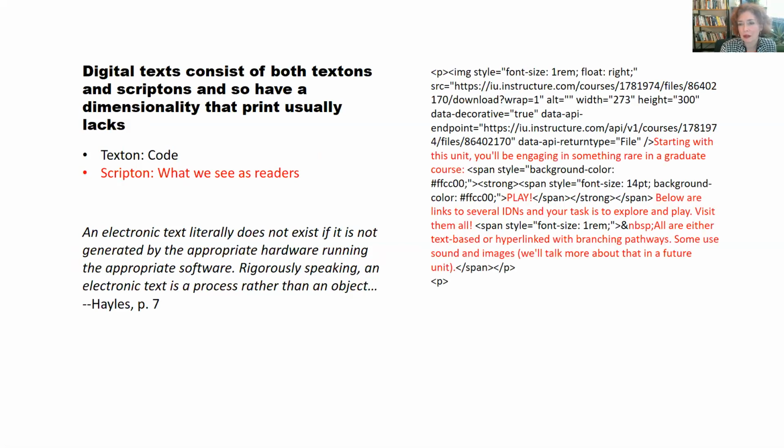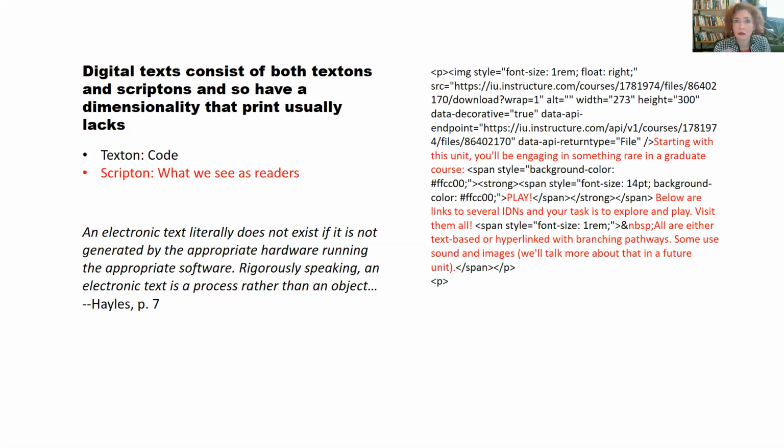Here is an example of what we mean. This is simply HTML. The Canvas page that has the list of readings in this particular module, this is what the HTML code looks like for it. And I simply changed the scripton to red.